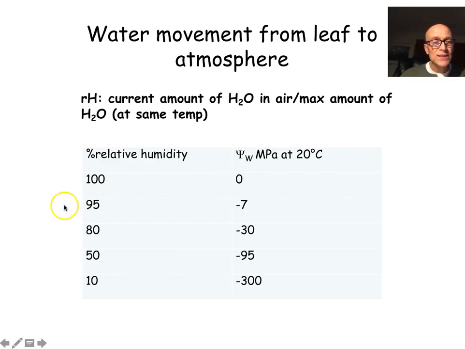But if you look at just a little bit of a drop here to 95% relative humidity, the negative value of the water potential of the air already drops to -7. That is much, much lower than what quite a concentration of salt would be required to get that low in a cell. So -7, that's a low water potential.